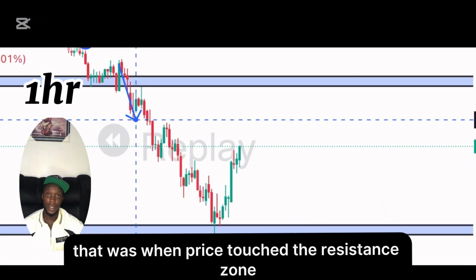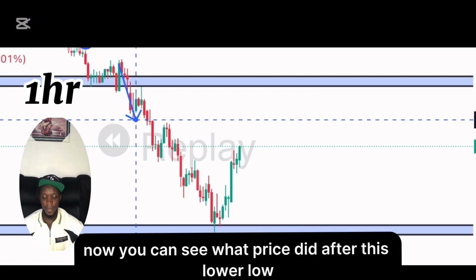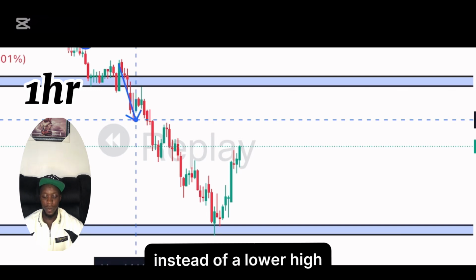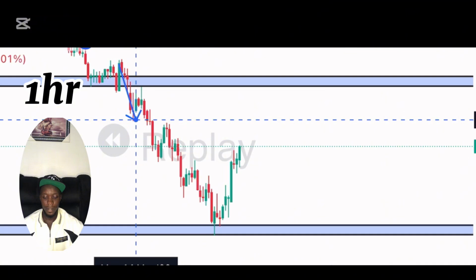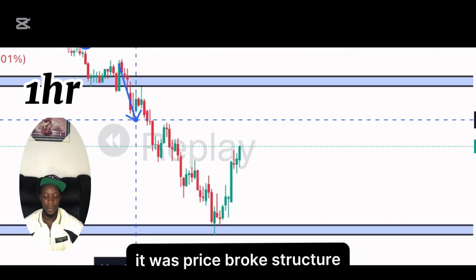That was when price touched the resistance zone. But we are looking for a buy. Now you can see what price did after this lower low. Instead of a lower high, then another lower low, what price did was price broke structure.